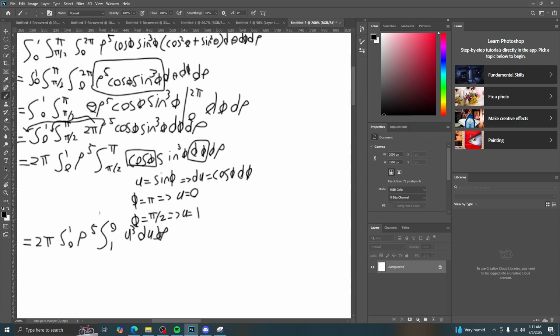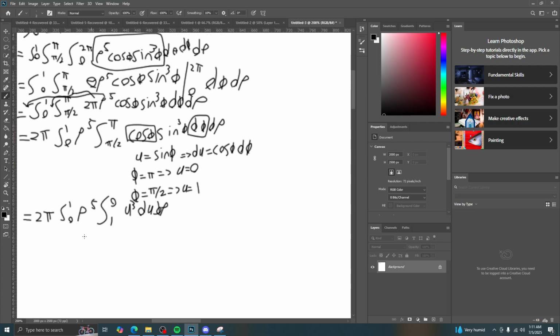And now that we have the u sub done, we can just integrate the u. So you have 2 pi times the rho integral, rho to the 5th power, times integral of u cubed is just going to be 1/4 u to the 4th.